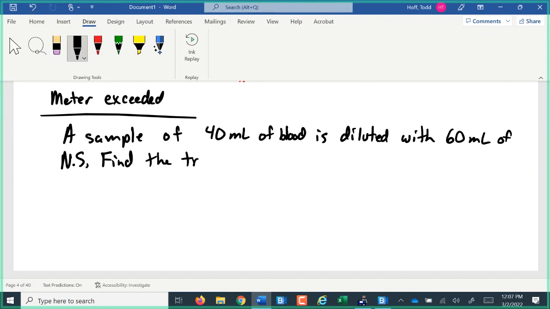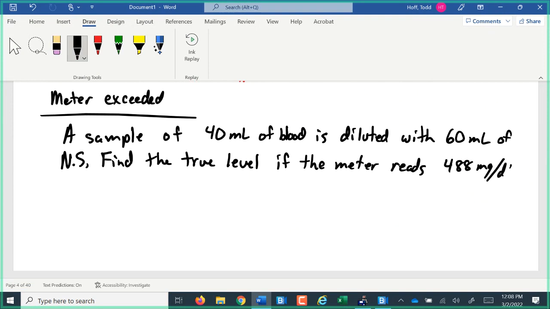Find the true level if the meter now reads, well, let's go 488 milligrams per deciliter.